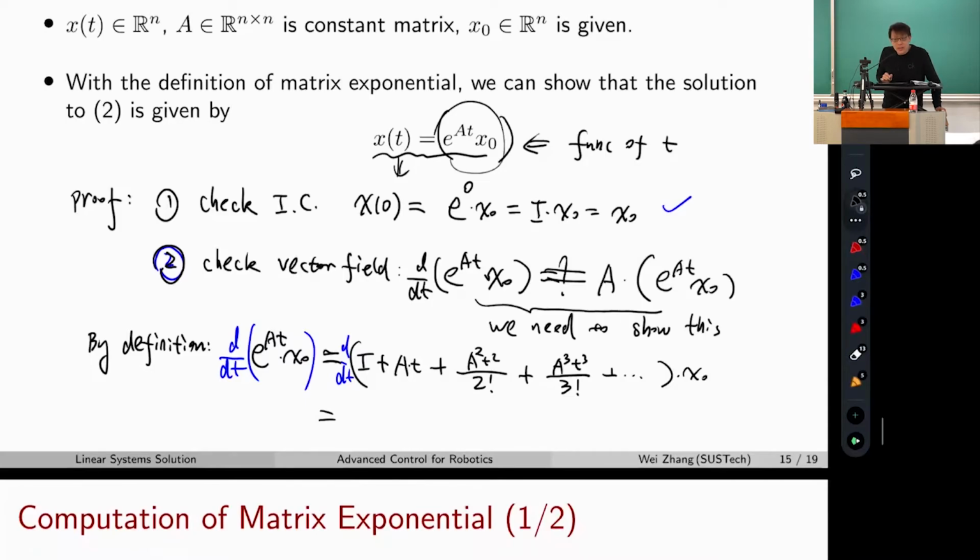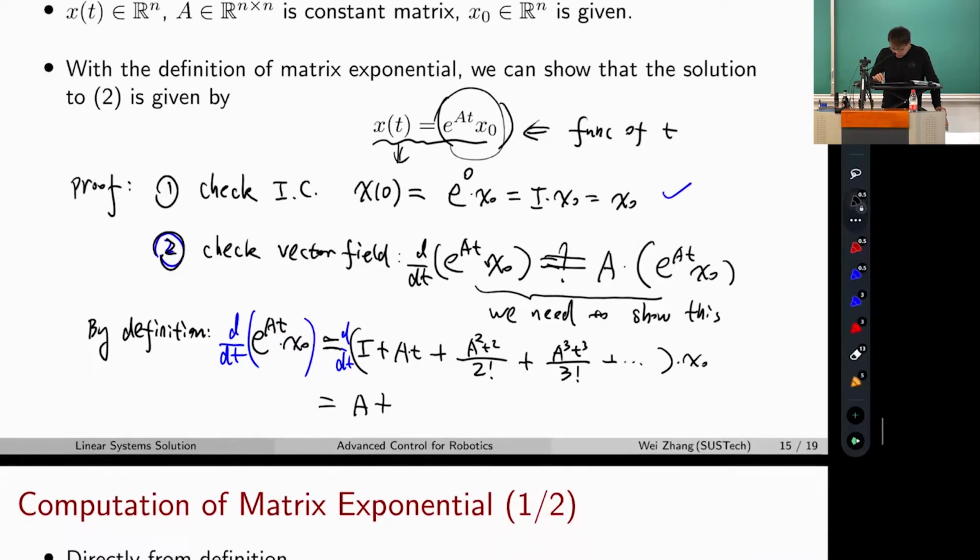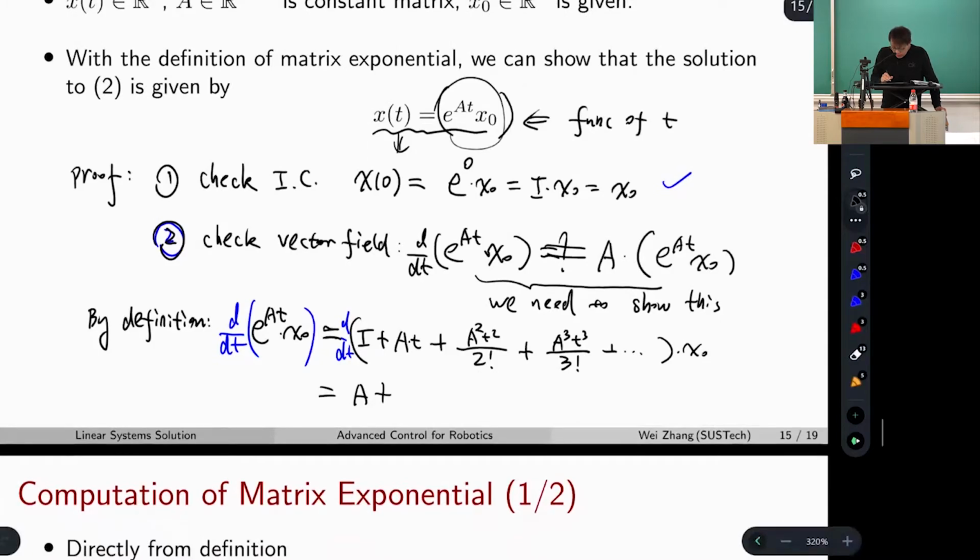T is a scalar, and you know how to take a derivative with respect to a scalar. So the identity's derivative is 0, and A times t gives A. In the homework I gave you some matrix calculus review. I don't think you need to worry too much about it. This should be straightforward to you.